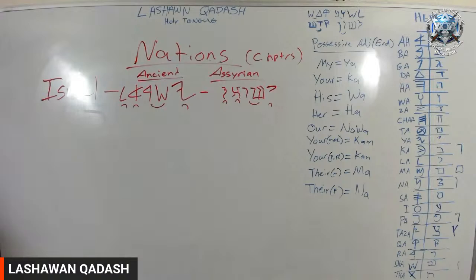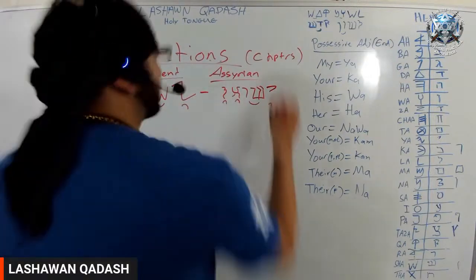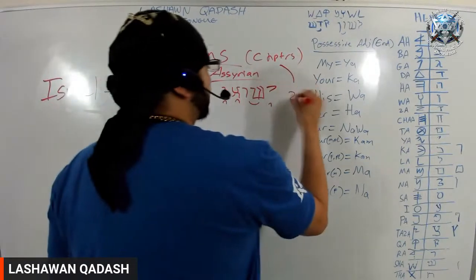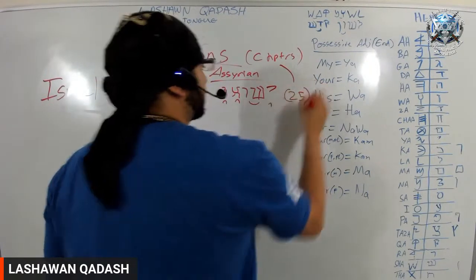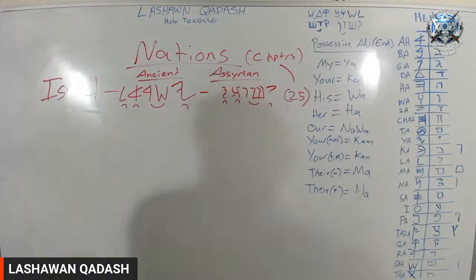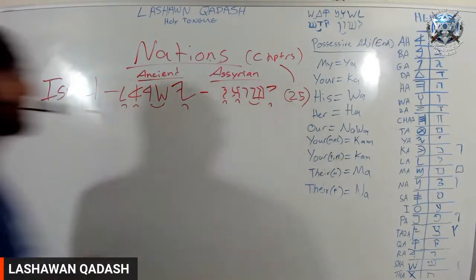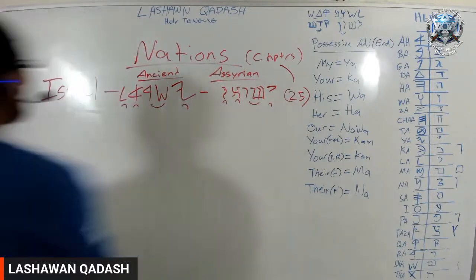Now, on your test, you're going to need to know what chapter this shows up in. It shows up in chapter 25, something like that. This is when Jacob was introduced into the Bible. So Israel is Jacob's name that was changed to. And that is in chapter 25.